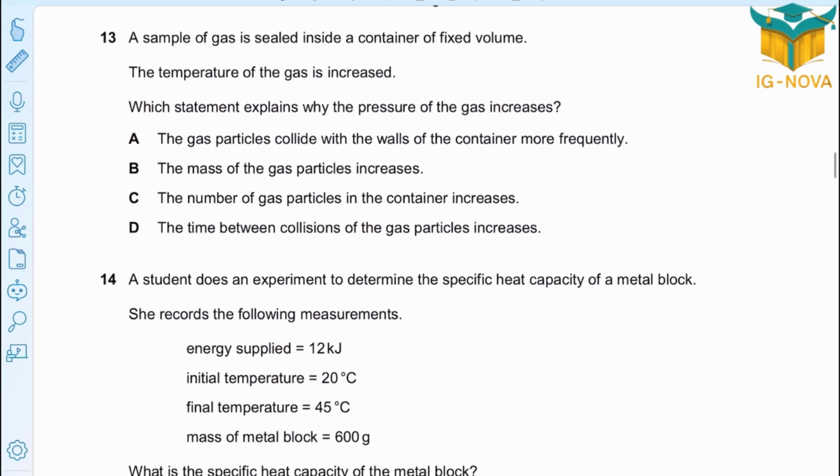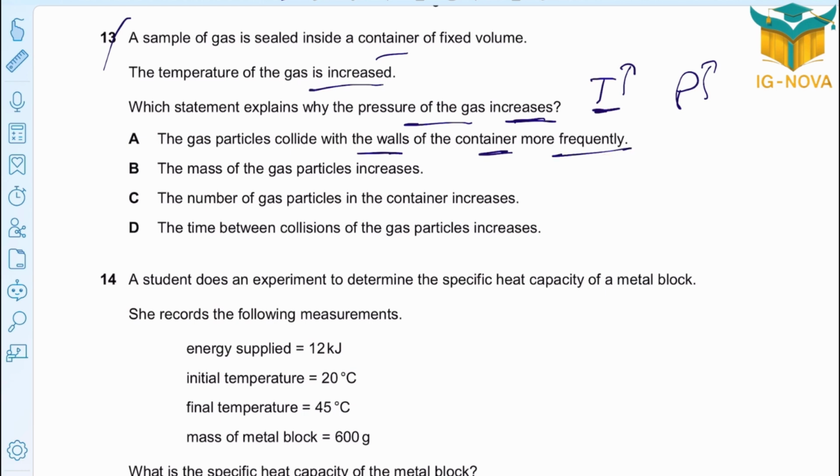A sample of gas is sealed inside a container of a fixed volume. The temperature of the gas increased. Which statement explains why the pressure of the gas increases? As temperature increases, pressure also will increase. The gas particles collide with the walls of the container more frequently?